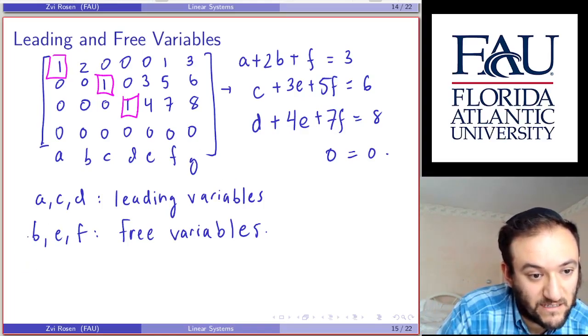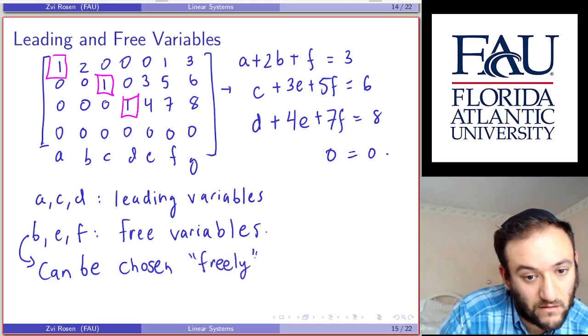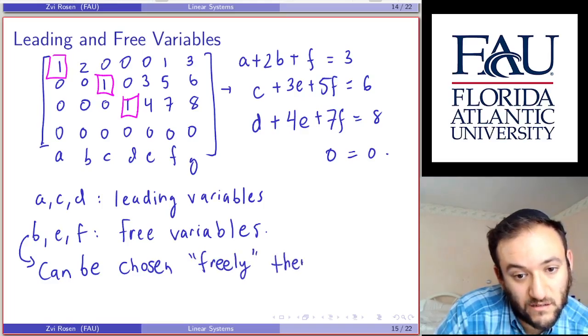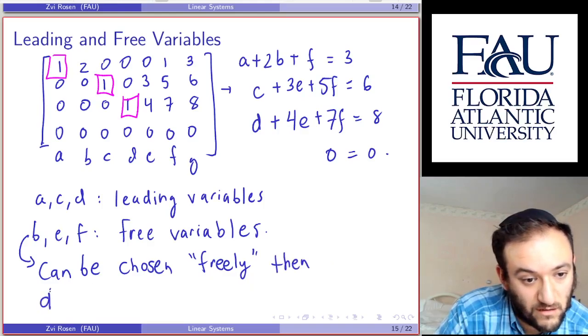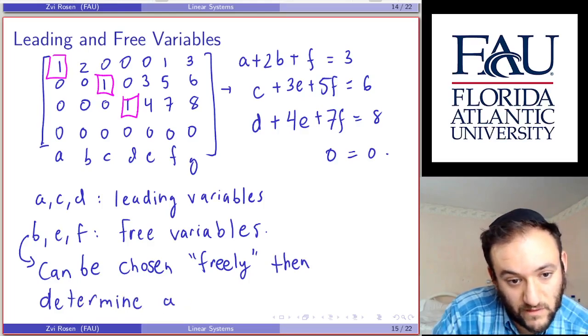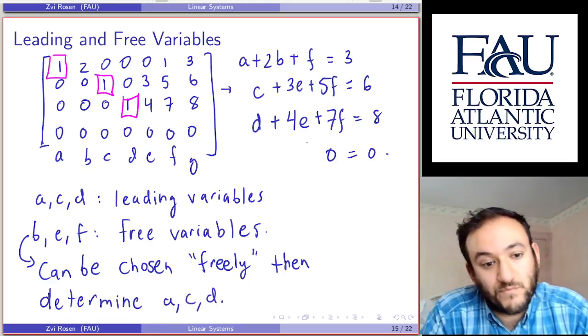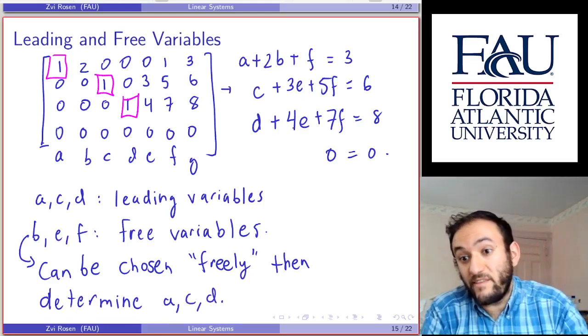So these can be chosen freely, then determine the leading variables A, C, and D. And you can see why that would be true.